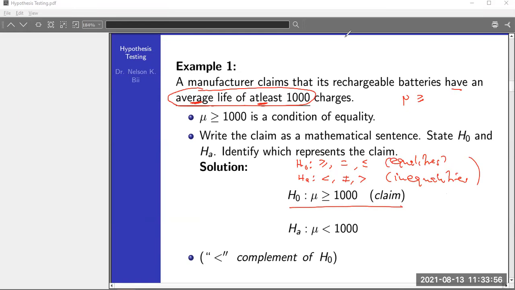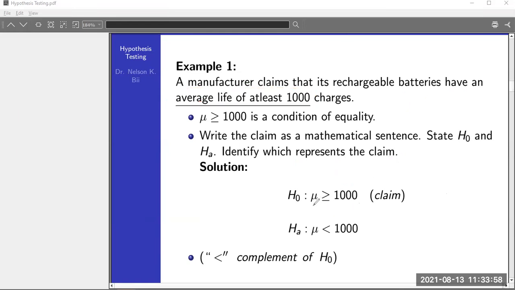So once you know what the null hypothesis is, then it goes without saying we have the alternative hypothesis. If the null hypothesis is greater than or equal to 1,000, that is the claim by the manufacturer. So you as the consumer will be saying, what if this average is less than 1,000? The complete opposite of what the manufacturer is claiming.